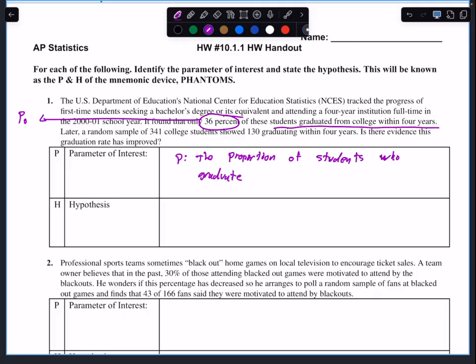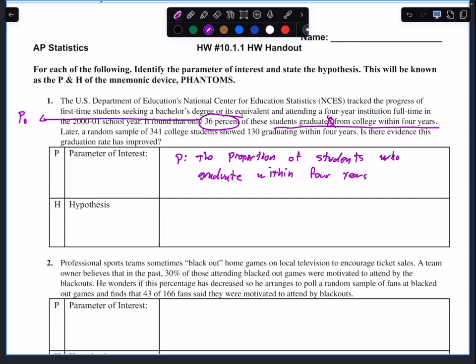Not graduated, even though it says that; remember, I need to talk in the present tense. Who graduate within 4 years. What proportion of students graduate within 4 years? Right now, the claim is 36%. That's my current belief.